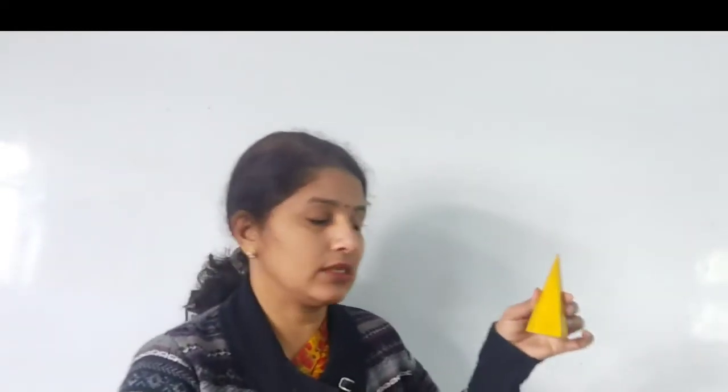Now, see this figure. What is that? All faces are in the form of triangles. Now come to the base. Its base has 1, 2, 3, 4, 5 sides. So the name of this pyramid is pentagonal pyramid. As the name suggests, you see the base and count the number of sides, then you get the name.